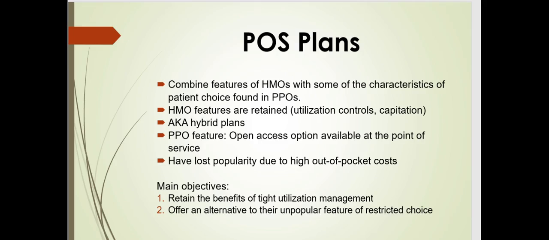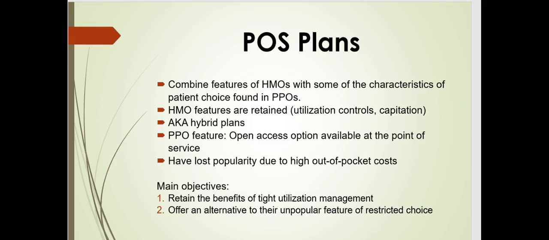Just quickly, to make sure you're aware, and I'm sure if you've read the chapter you know this, point of service is what POS stands for. A point of service plan combines features of classic HMOs with some of the characteristics of the patient choice found in PPOs.